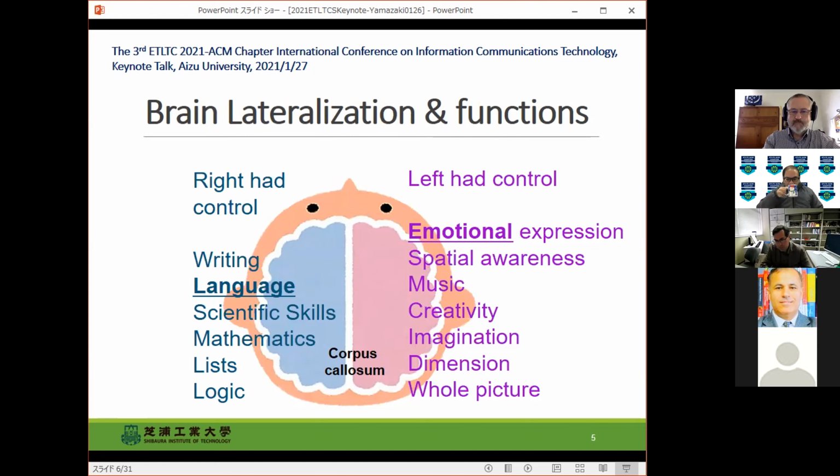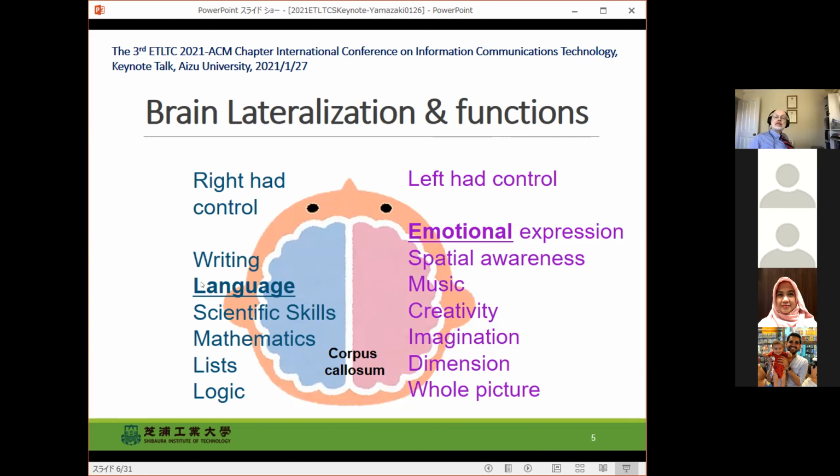As you know, our brain is divided into two hemispheres, the left hemisphere and the right hemisphere, and each hemisphere is associated with specific tasks. For example, the left hemisphere is associated with knowledge, scientific skills and logic.